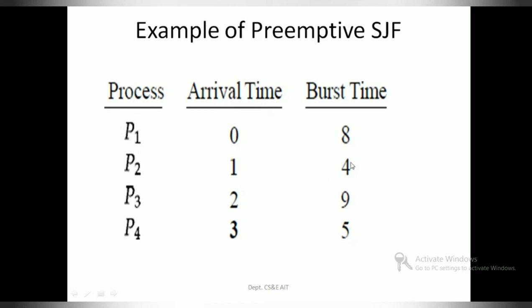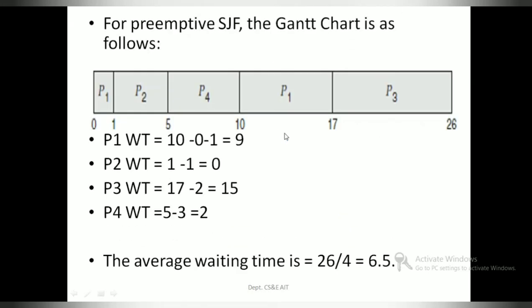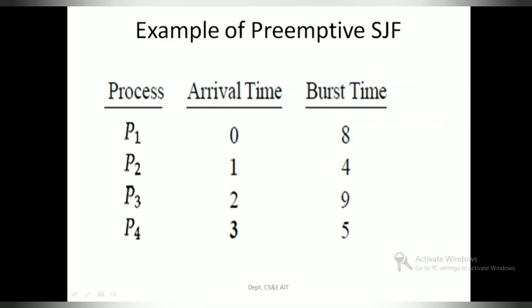But then process P2 with a lower burst time arrives. So I preempt process P1 and give the CPU to process P2, and P2 continues its execution because that is smaller than the other processes that are there.